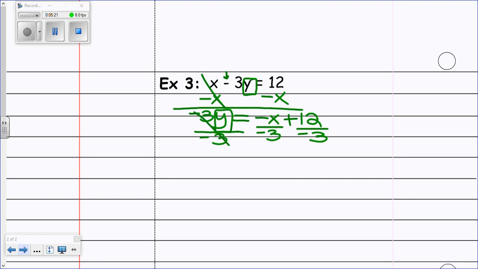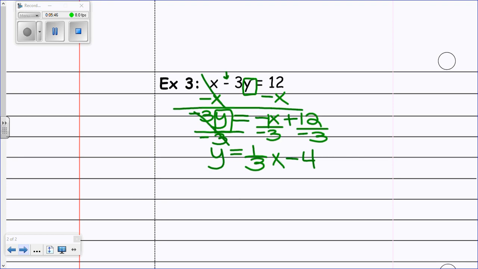So now the negative 3's cancel. And we're left with y is equal to, now this term in front of this is technically a negative 1. So we have a negative 1 over a negative 3, which is a positive 1/3 x. And then we got a positive 12 divided by a negative 3, which is minus 4.